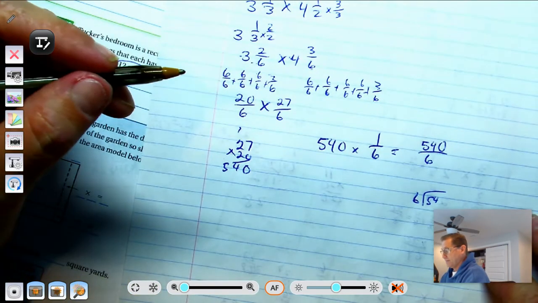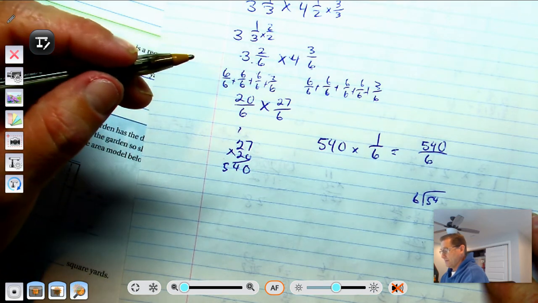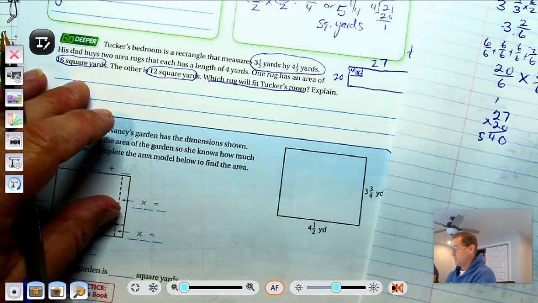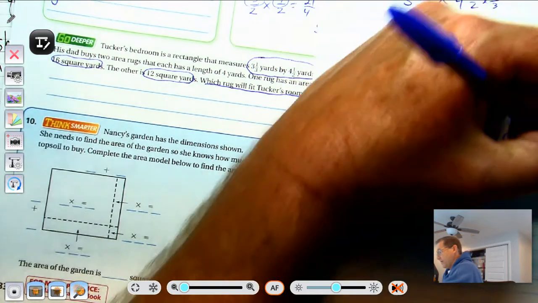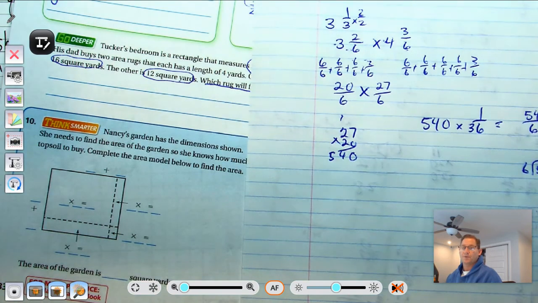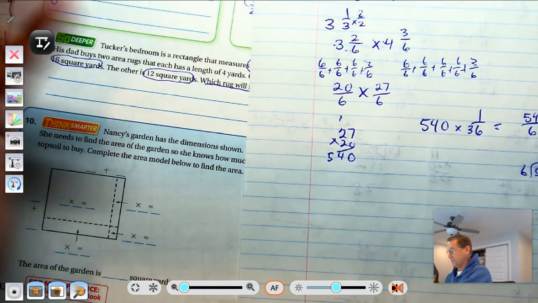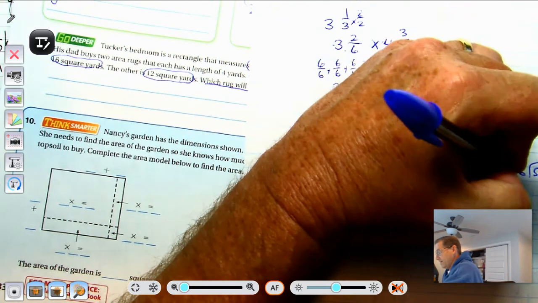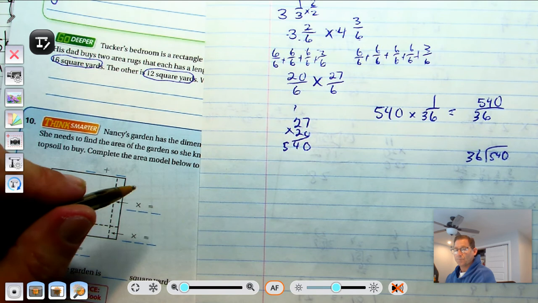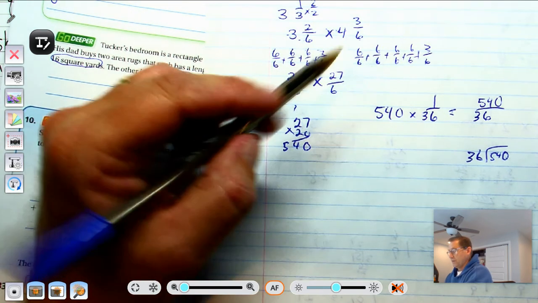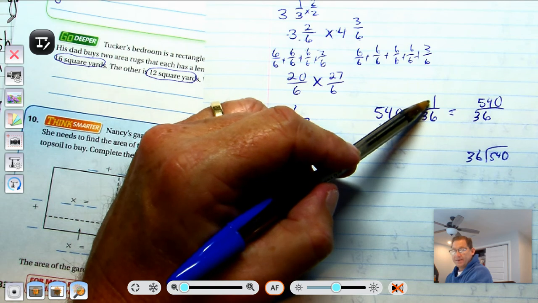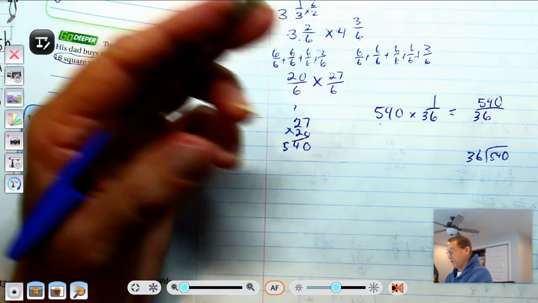Sorry, 36ths. Right? We said 1/6 times 1/6 is 36. So 540 divided by 36, not by 6. So in our problem, 27 times 20 is 540, and the area of each of the squares is 1/36.